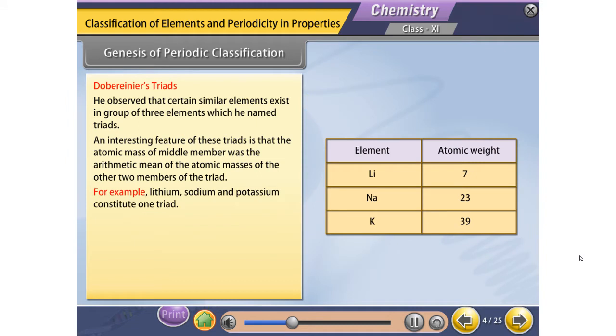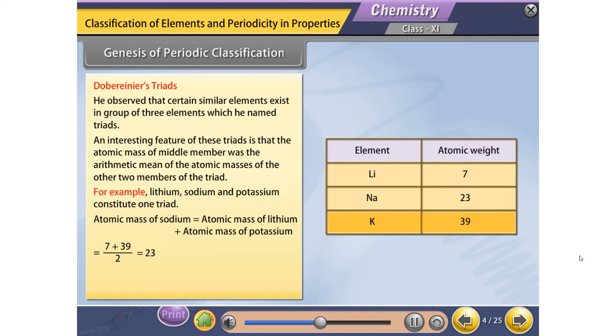For example, lithium, sodium, and potassium constitute one triad. Atomic mass of sodium is equal to the atomic mass of lithium plus the atomic mass of potassium divided by 2, which is (7 + 39)/2 = 23. However, this concept of triads could be applied only to a limited number of elements.